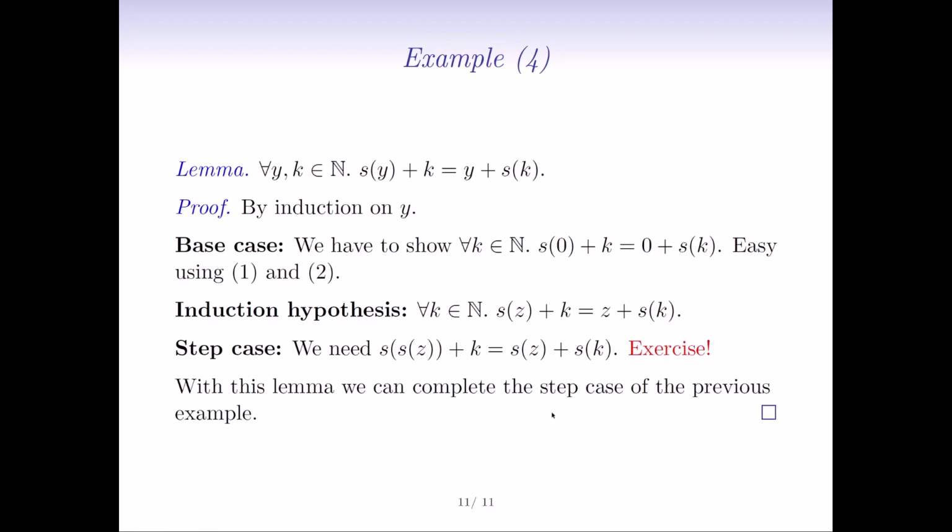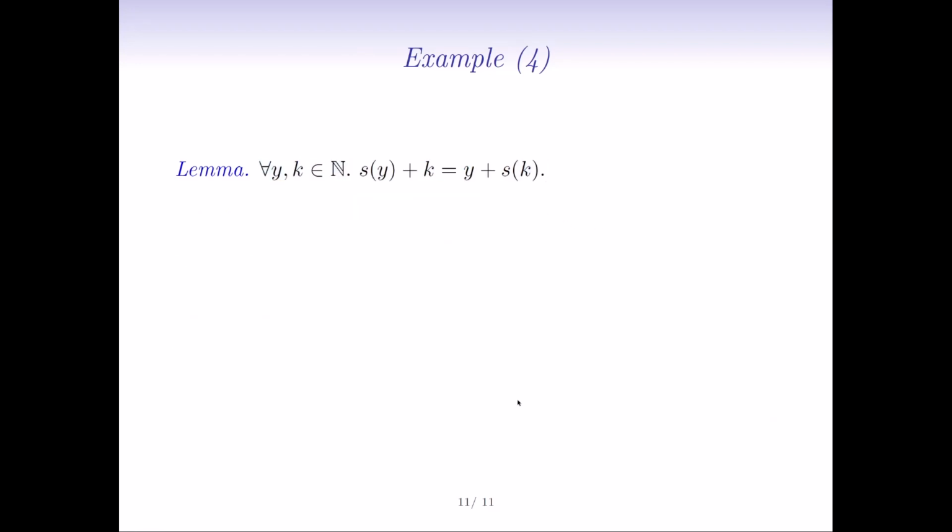And then just to remark again that this lemma is exactly what we need to complete the step case of the previous example. We'll just go back to it again. So the lemma is that successor of y plus k equals y plus successor of k.